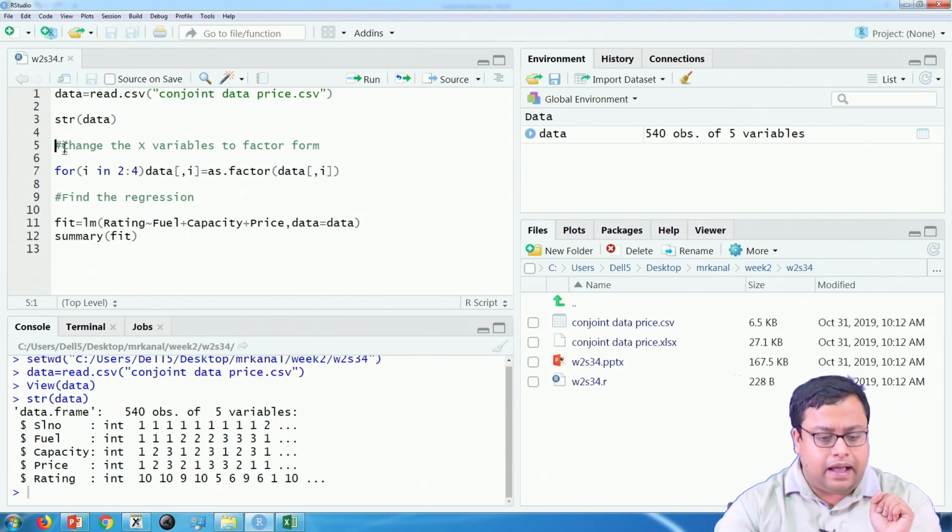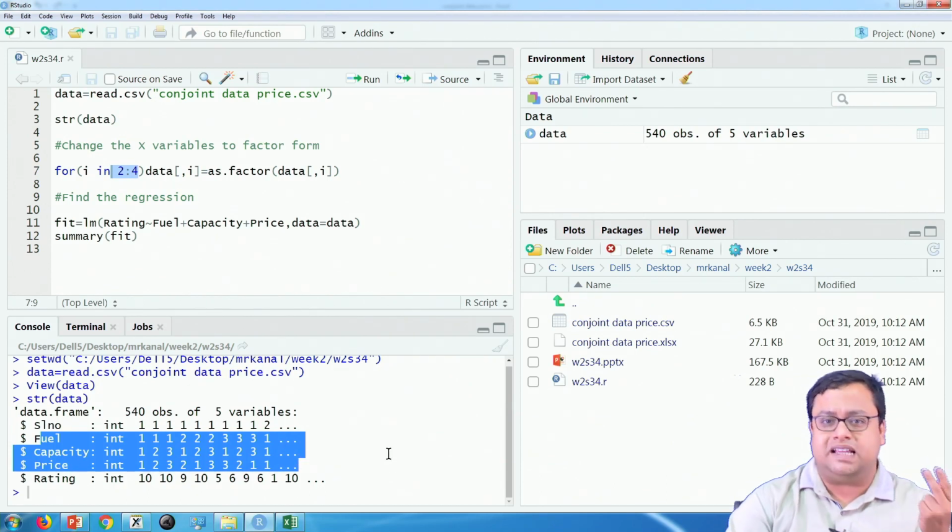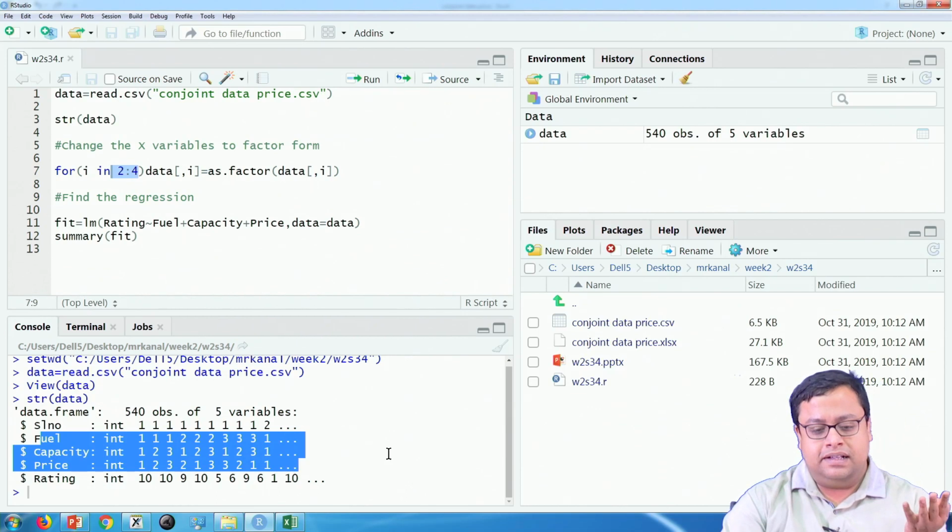In line number 4, I have written for i varies from 2 to 4. Why 2 to 4? Because fuel, capacity and price are the 3 things that I will change, from the second column to the fourth column.